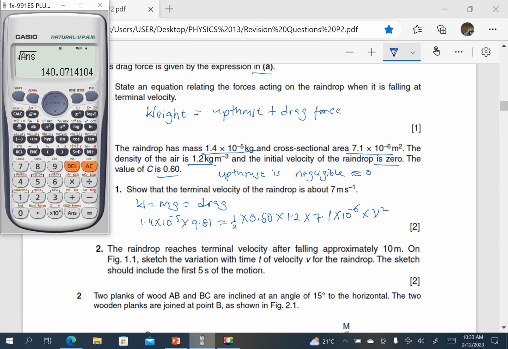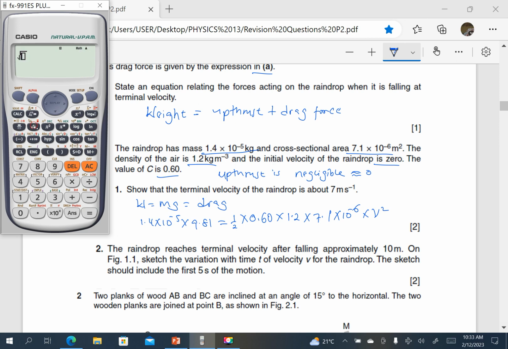So I'll check with my calculator. 1.4 exponent negative 5 times 9.81, then times 2, then I divide both sides by 0.6 times 1.2 times 7.1 exponent negative 6.